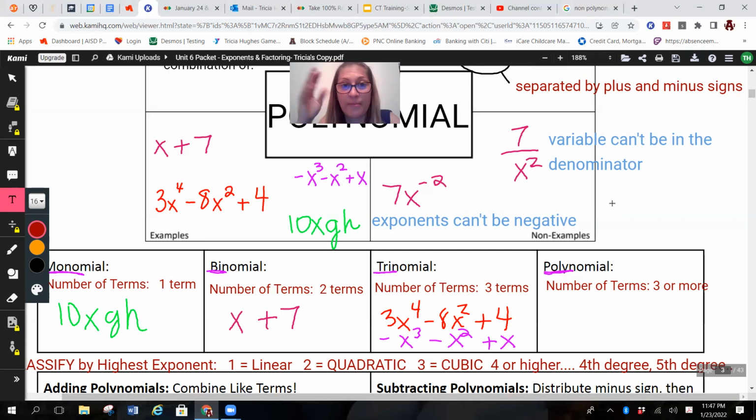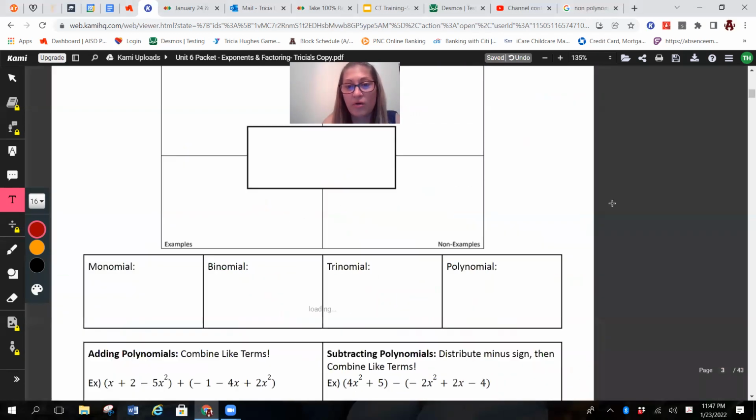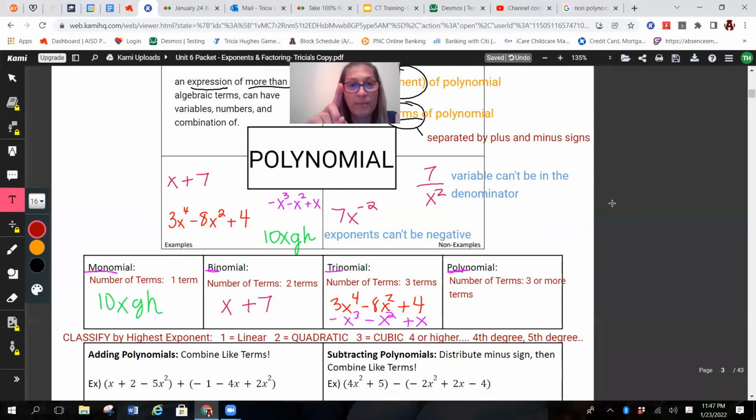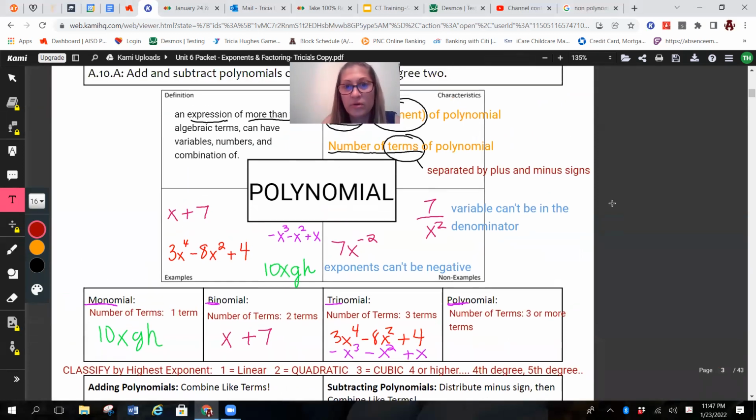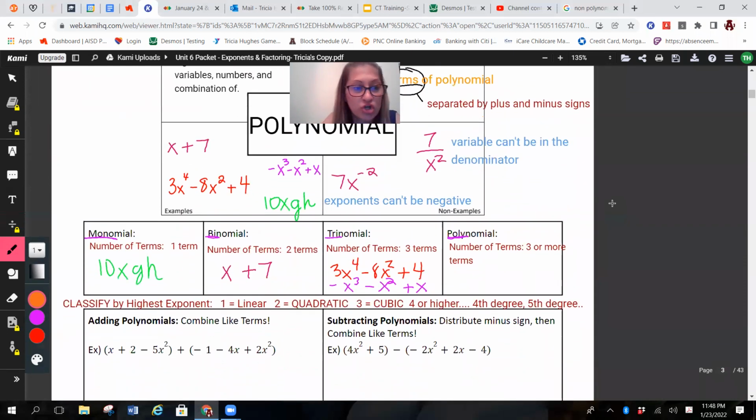They just said, bump that. We're going to call everything else a polynomial. 3 or more terms. So again, these words, monomial, binomial, trinomial, and polynomial, are all characteristics of our second orange phrase, the number of terms.